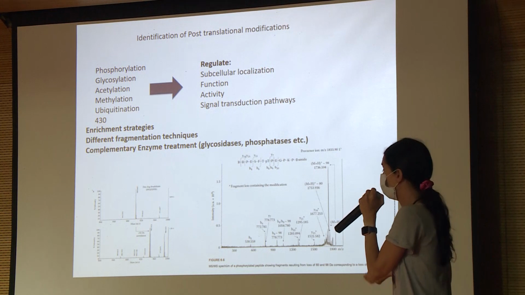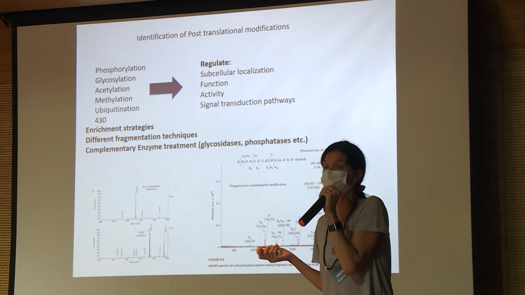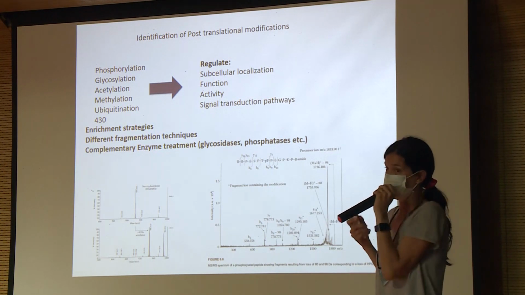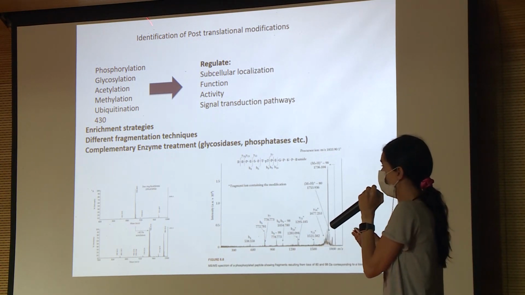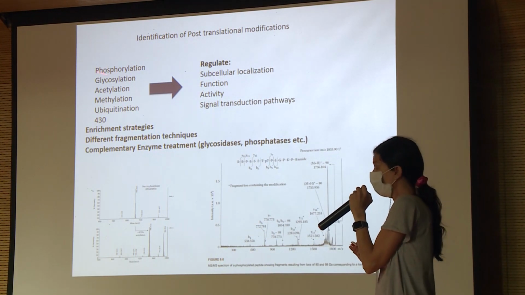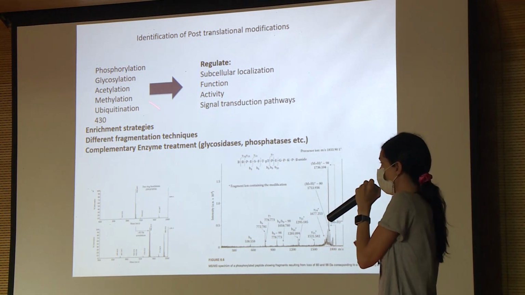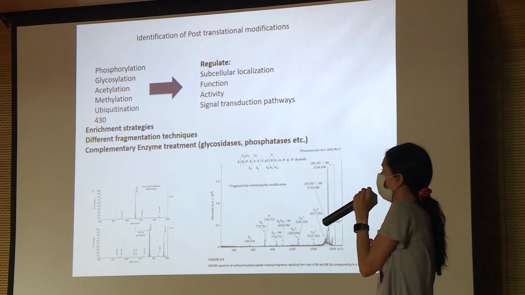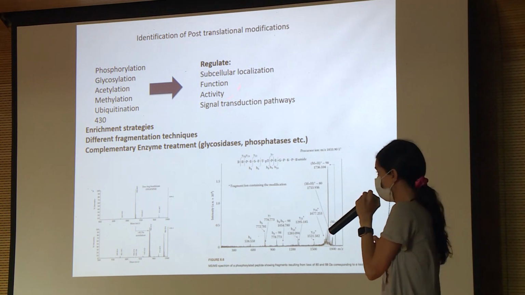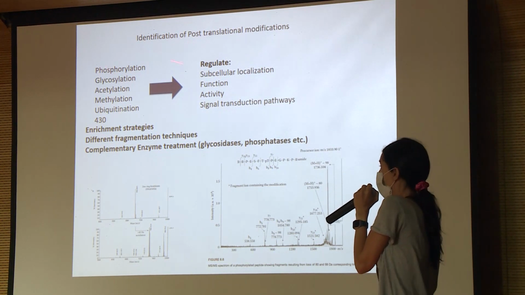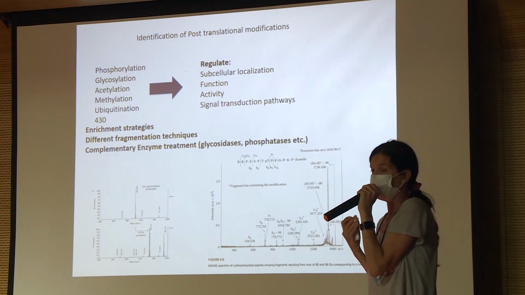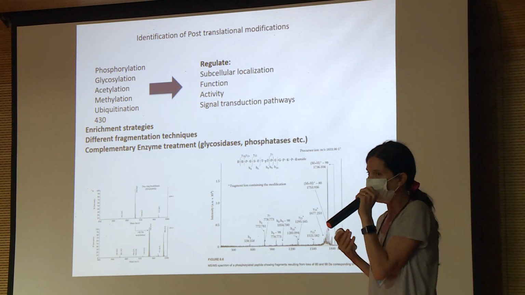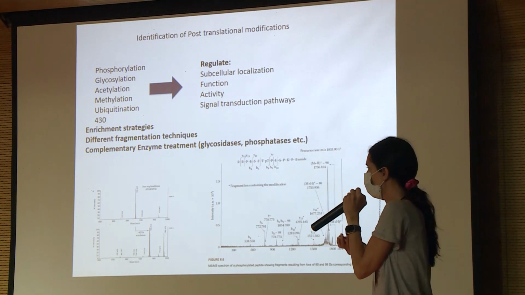Fortunately, there is software that does this automatically, so it's not something that you have to do every day. Another general approach of proteomics is the study of post-translational modifications. Here I named a couple of the most common ones, but there are around 430 that have been described. They regulate most of the cell's activity, so they are very important. And when we're doing proteomics for PTMs, it's not a simple thing to approach.